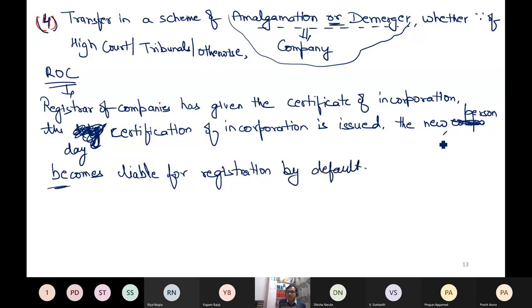And who is this new person? If it is amalgamation, the new company is known as the amalgamated company. And if it is demerger, then the new company is known as the resulting company.